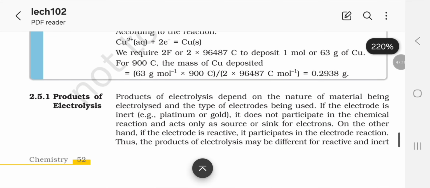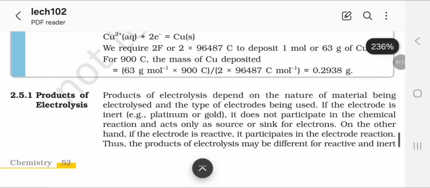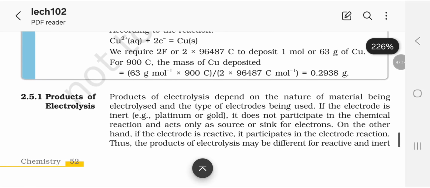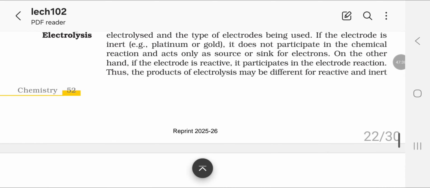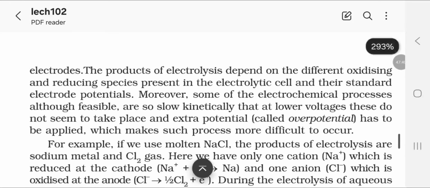2.5.1 Product of electrolysis. Products of electrolysis depend on the nature of the material being electrolyzed and the type of electrodes being used. If the electrode is inert, it does not participate in the chemical reaction and acts only as a source or sink for electrons. On the other hand, if the electrode is reactive, it participates in the electrode reaction. Thus, the product of electrolysis may be different for reactive and inert electrodes.